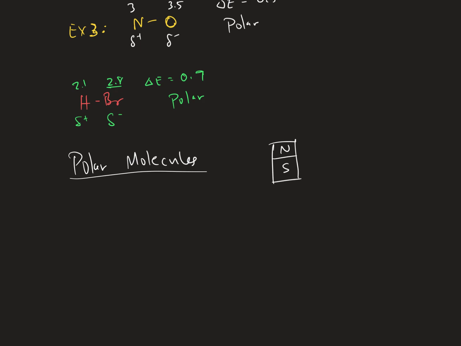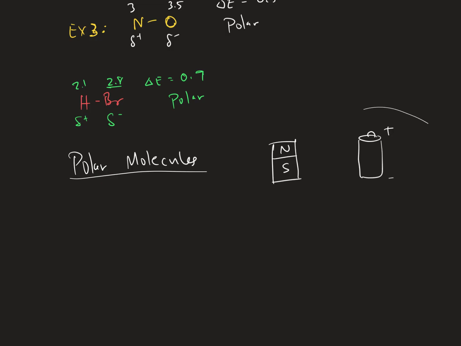Good? What's another one that we use every day? A battery has positive on one side, negative on the other side. Batteries are polar, okay? They're not magnetic, but they're polar.